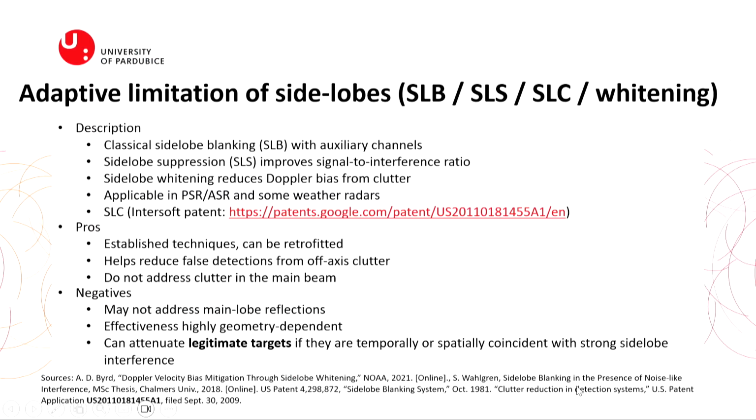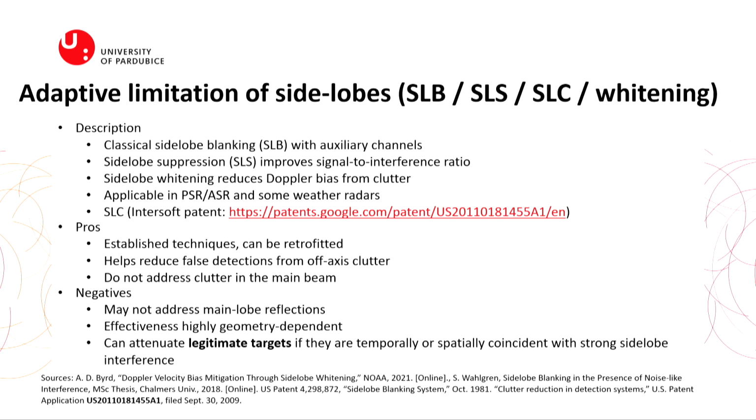Then there is adaptive limitation of side lobes. These are side lobe control techniques which aim to prevent wind turbine clutter from entering the radar through the antenna side lobes rather than the main beam. Then we have classic side lobe blanking, it is SLB, side lobe blanking.